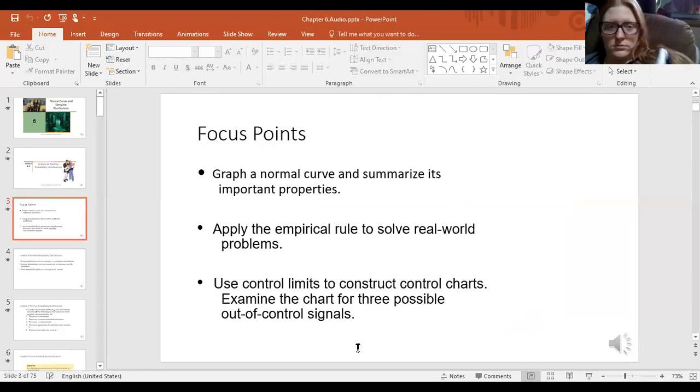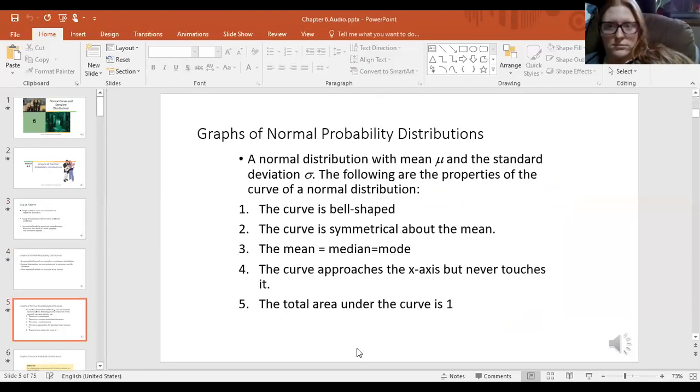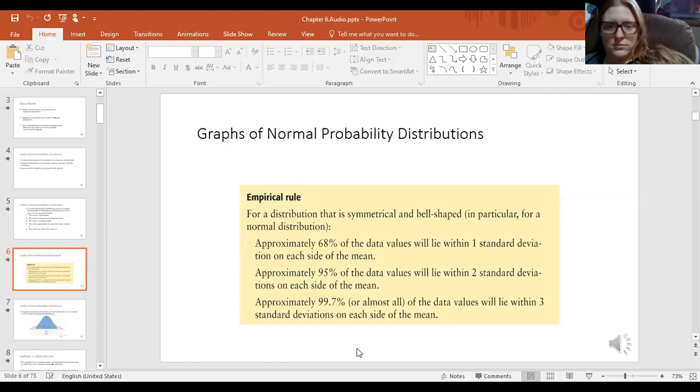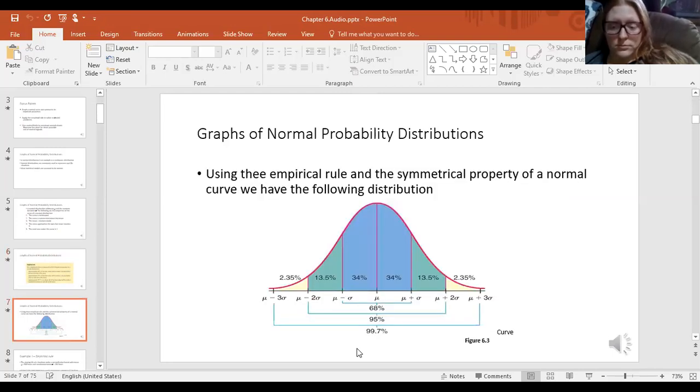84. Good, that's good. So we are first going to learn about the empirical rule. The empirical rule says that a normal distribution has the following properties. 68% of values are within the first standard deviation.